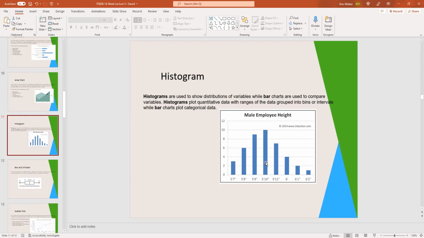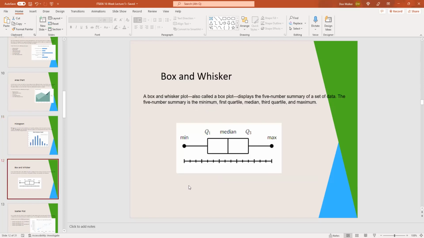And another way to look at the distribution and symmetry of a single variable is with a box and whisker diagram. This shows the spread of data just like a histogram, where the median is in the middle, the first and third quartile, like if you had 100 observations, number 25 would be here, number 75 would be in quarter three.